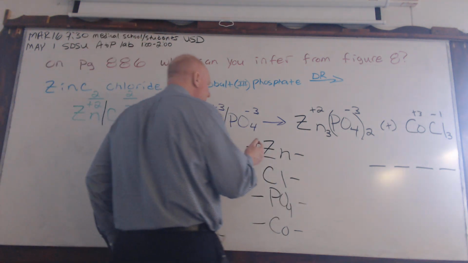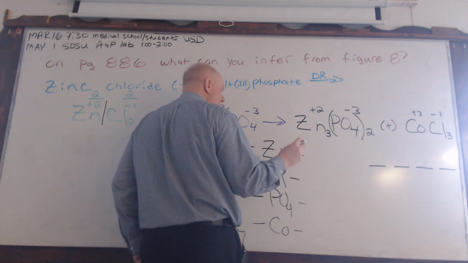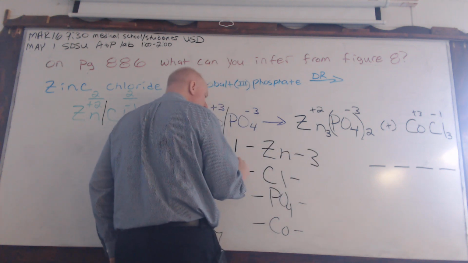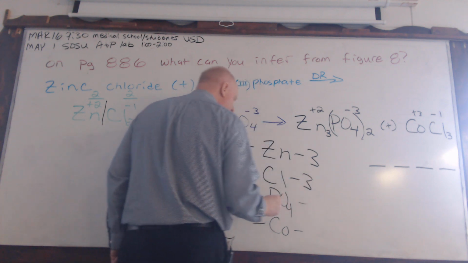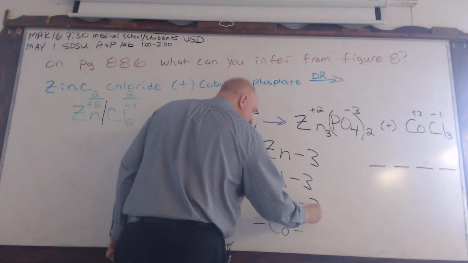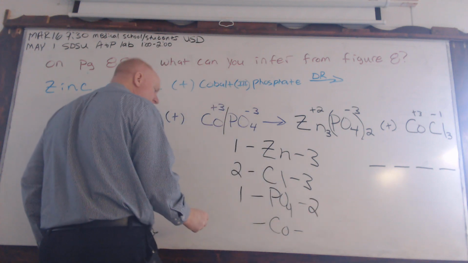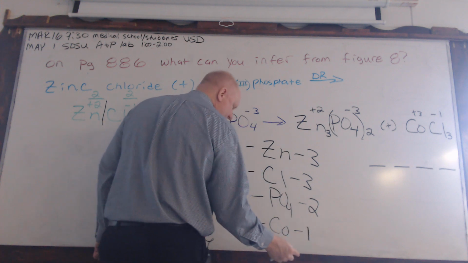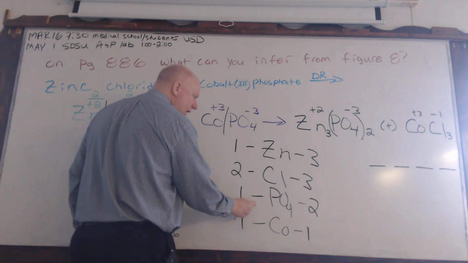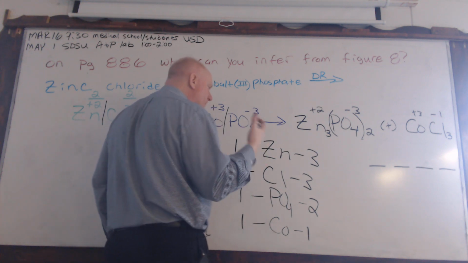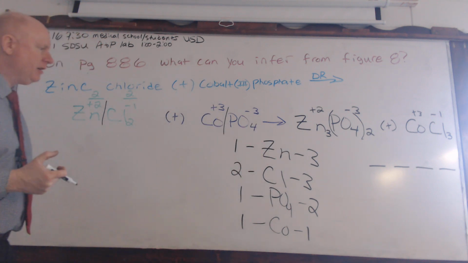Zinc's left. Zinc's right. Chloride's left. Chloride's right. Phosphate's left. Phosphate's right. Cobalt's left. Cobalt's right. Okay, so obviously we can't start there. We could start there, or we could start here. Sometimes metals is the best place to start.